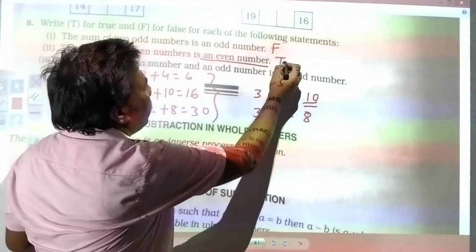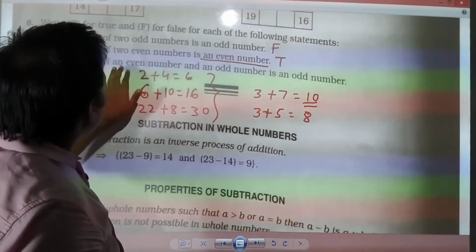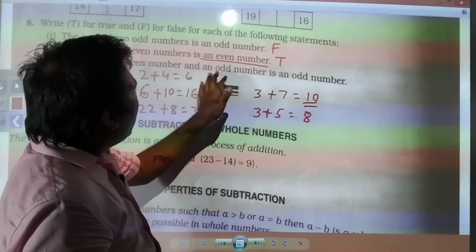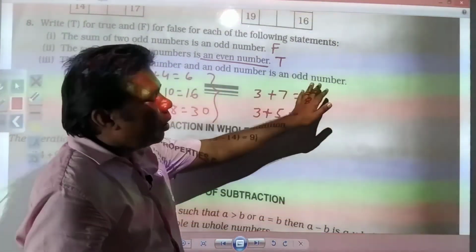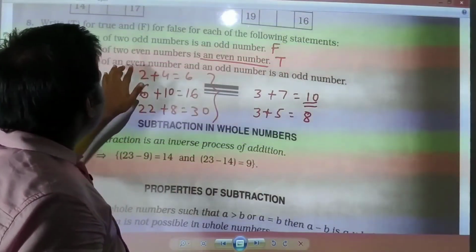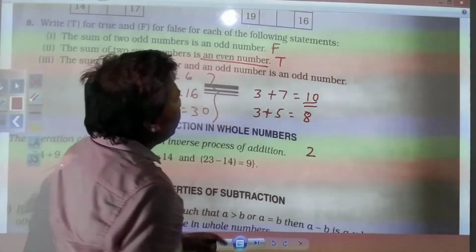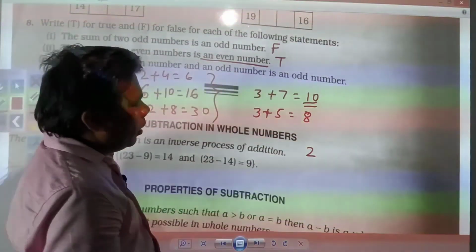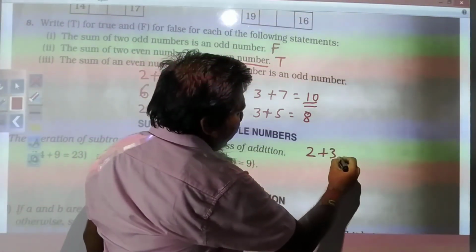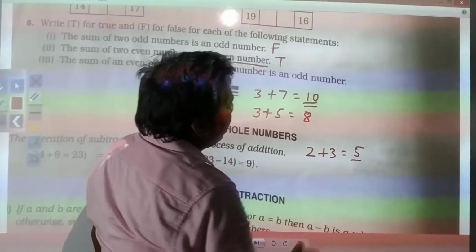So this is true. The sum of an even number and an odd number is an odd number. Here you see, if any even number you try, 2, and an odd number, suppose 3, we have taken. What have we got? 5.